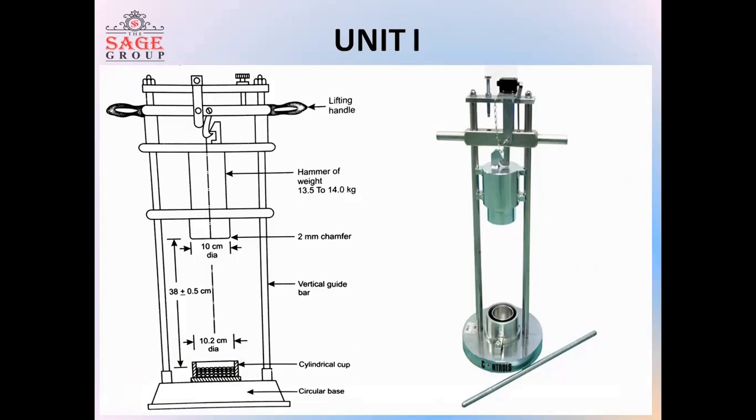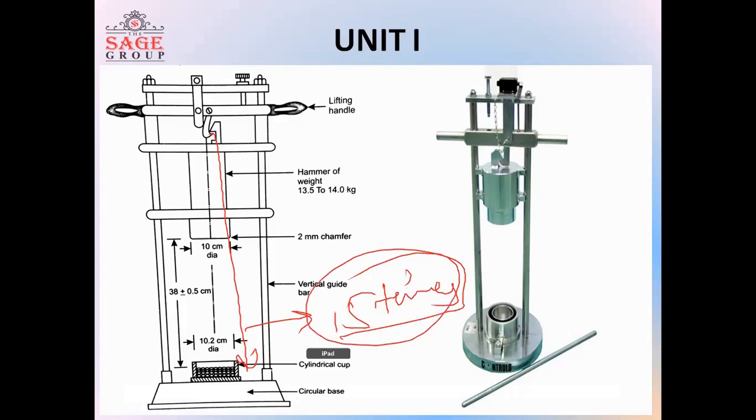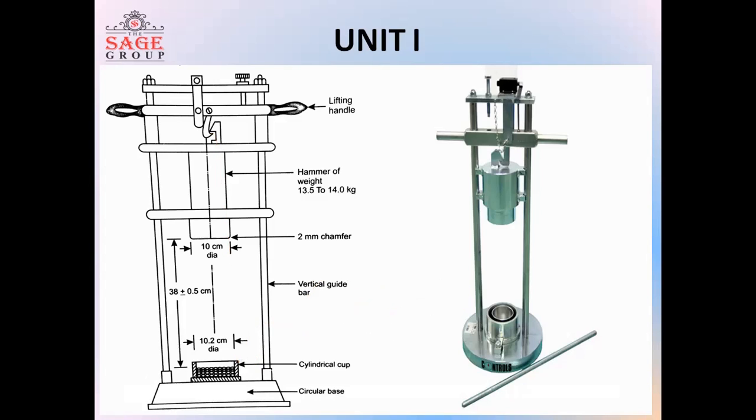Then the hammer is allowed to fall freely on the cylinder 15 times, so that due to the free fall action of the hammer, the stone resists the load without any failure, without any crack formation. Afterwards, the stone pieces are taken out for the calculation of further results.